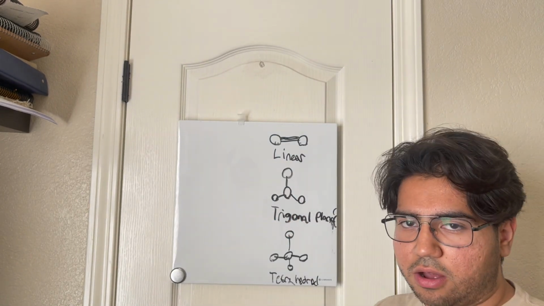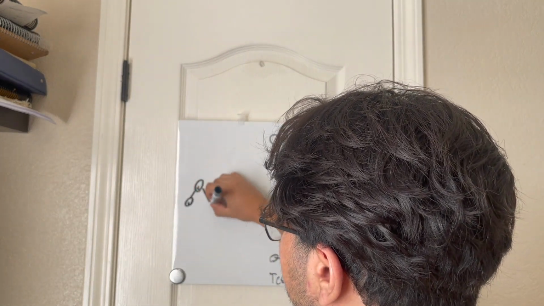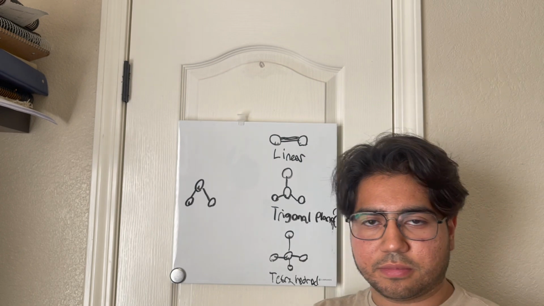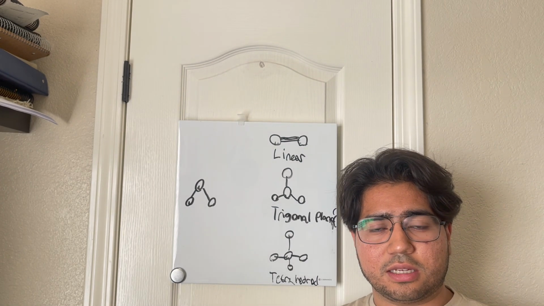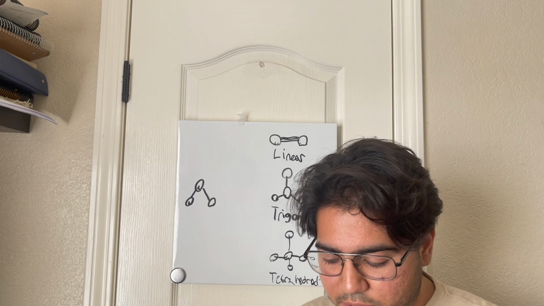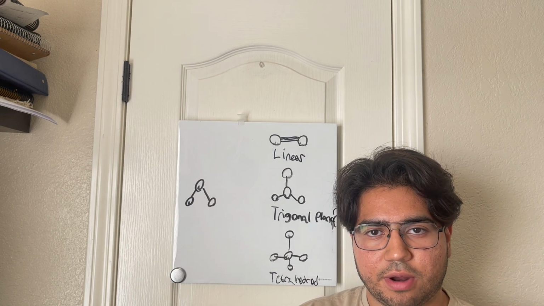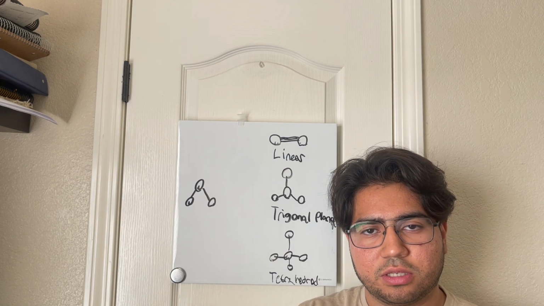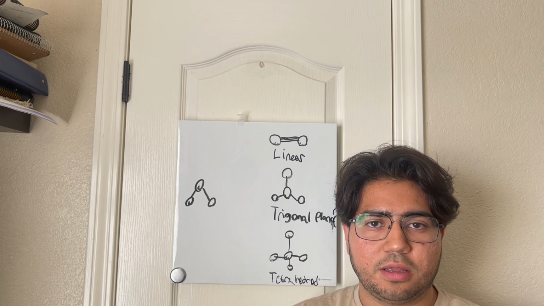Trigonal planar, however, you can take away an atom. It doesn't necessarily have to be the top one, but due to VSEPR theory, the electrons are going to repel in such a way that they want to be as far away from each other as possible.